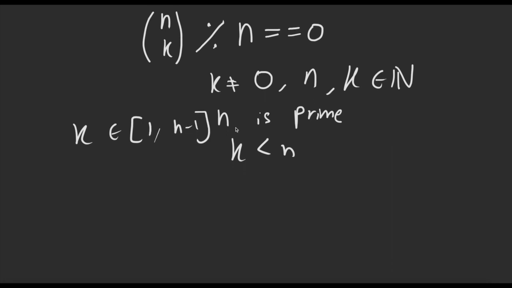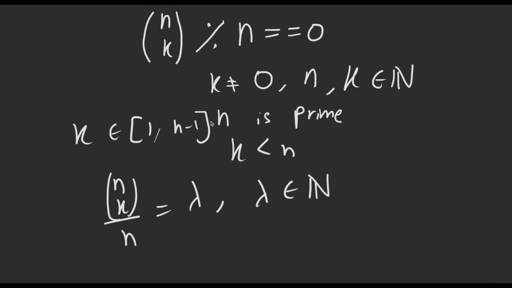Okay, and we have n is prime. So this basically means that n choose k divided by n is equal to lambda for some lambda which is a natural number, right?